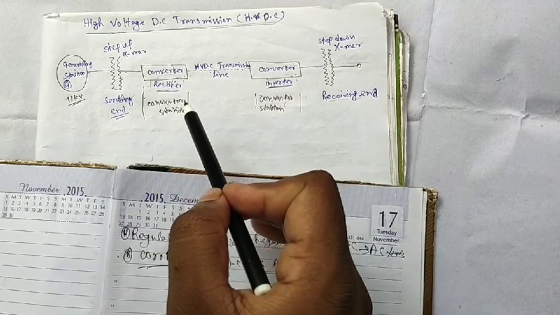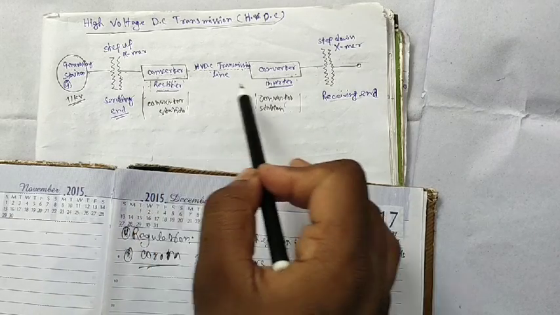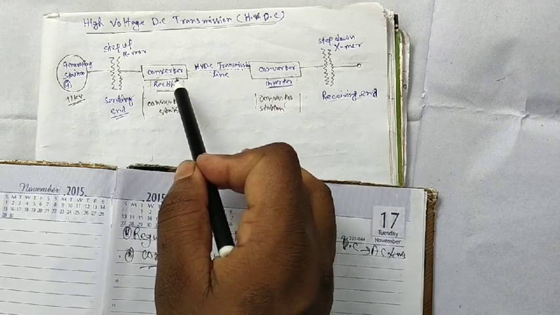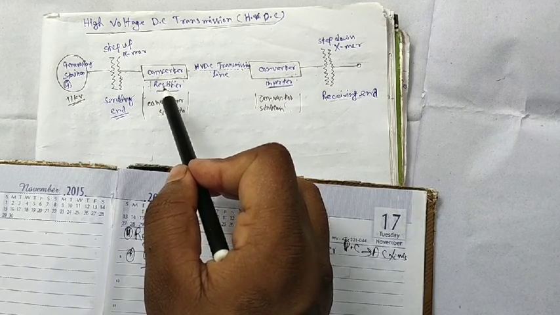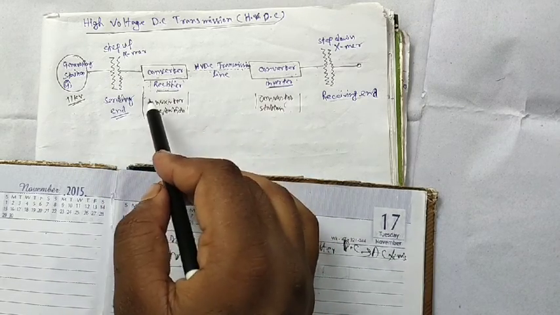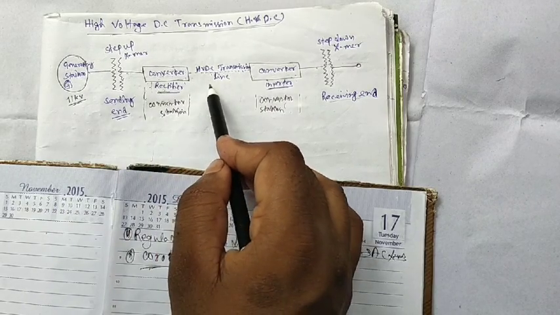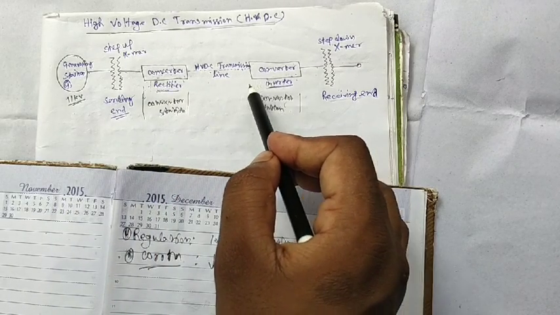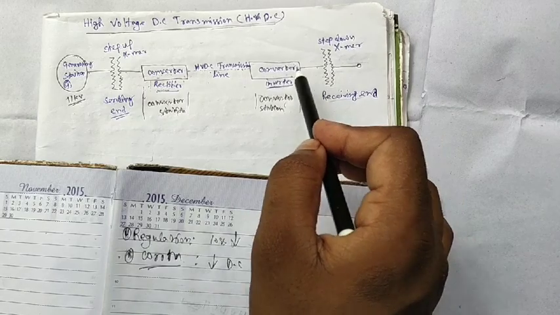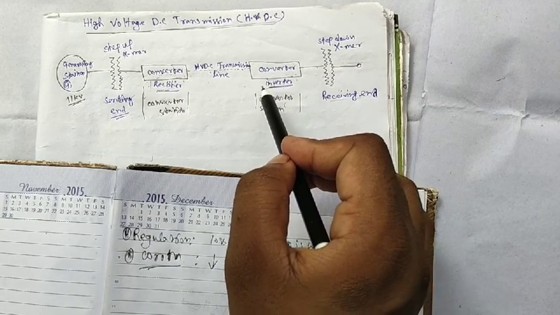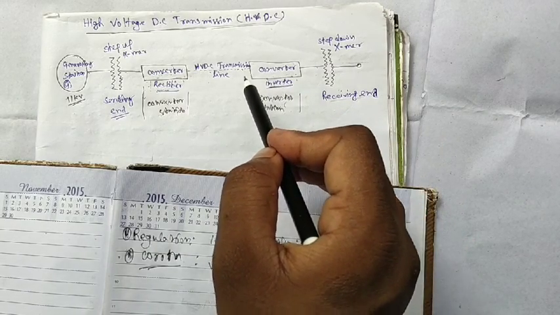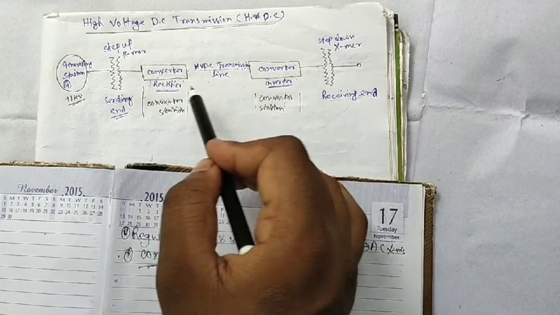The cost of these stations is very high, because for converting high voltage AC to high voltage DC, or high voltage DC to low voltage AC, high rating rectifiers or inverters are needed. So the cost of these parts is very high.